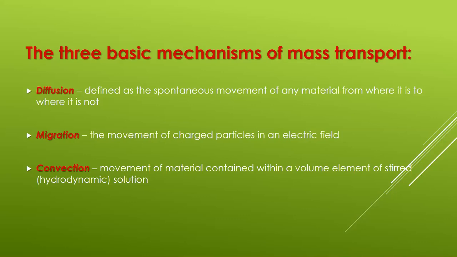Convective mass transfer, unlike heat transfer, where convection can be natural or forced, is in most cases, in mass transfer, by virtue of the movement of a stirrer or some mechanical motion happening in the solution.